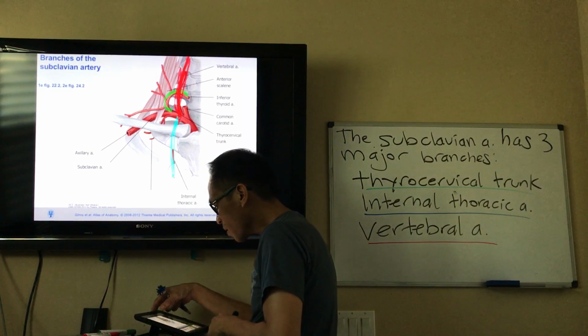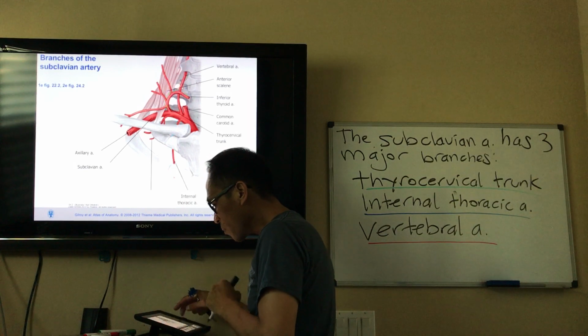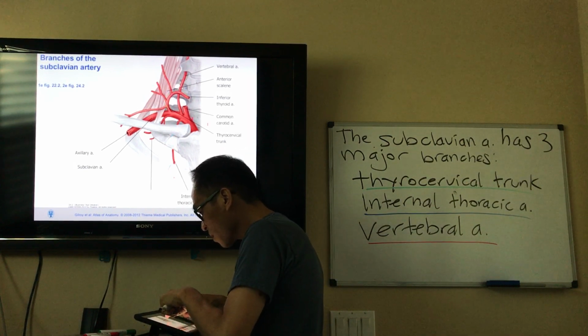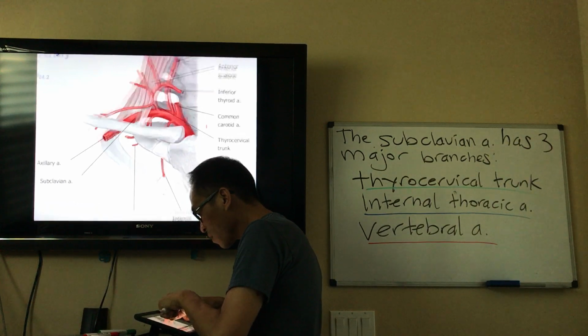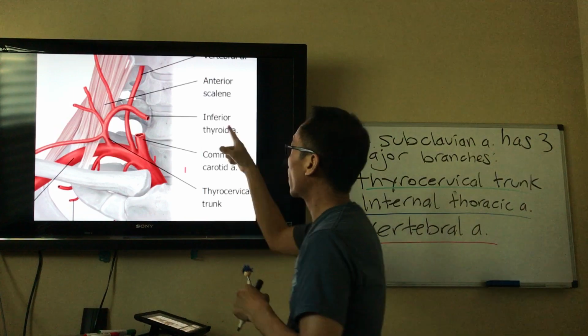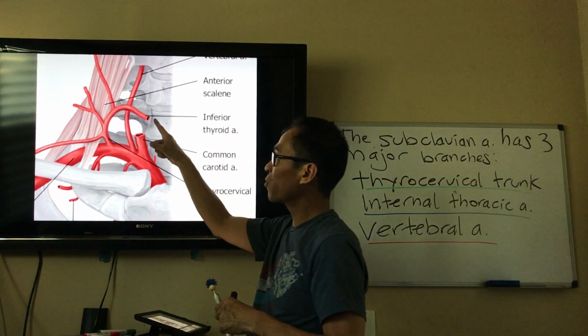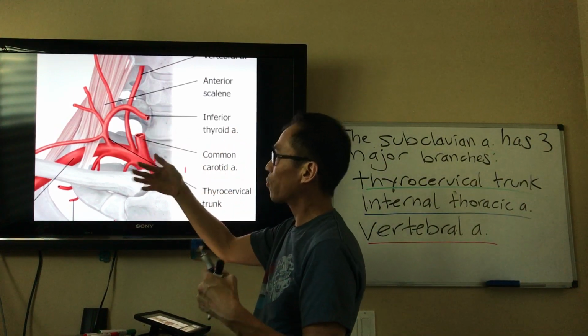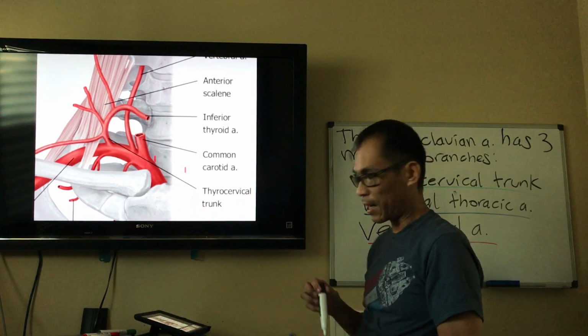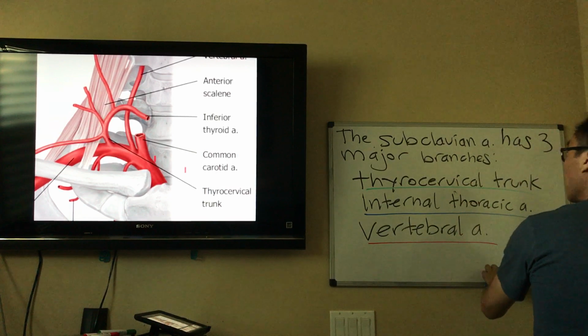Let's see here. I'm going to clear those pen markings. Actually, one more on your study guide here. The inferior thyroid. Right here, the inferior thyroid artery is a branch of thyrocervical. We have superior and inferior thyroid arteries in your study guide, so let's note that.